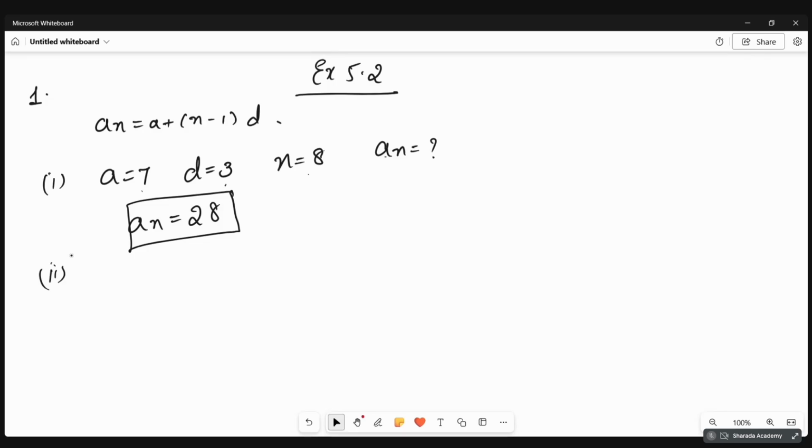Second question. A is equal to minus 18, D you have to find, N is equal to 10, An is equal to 0.